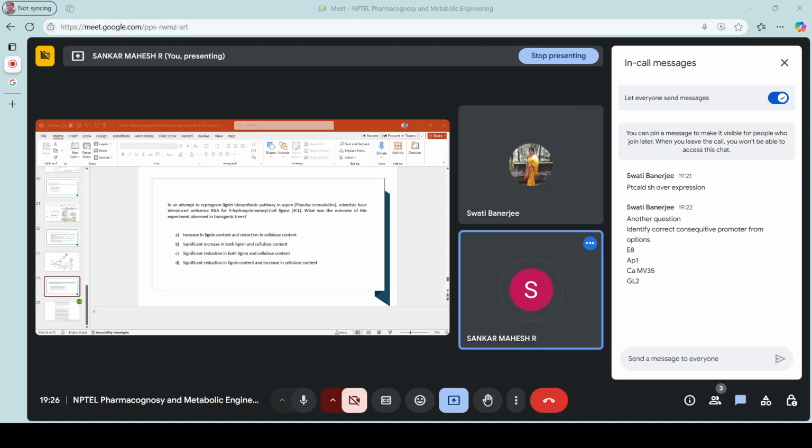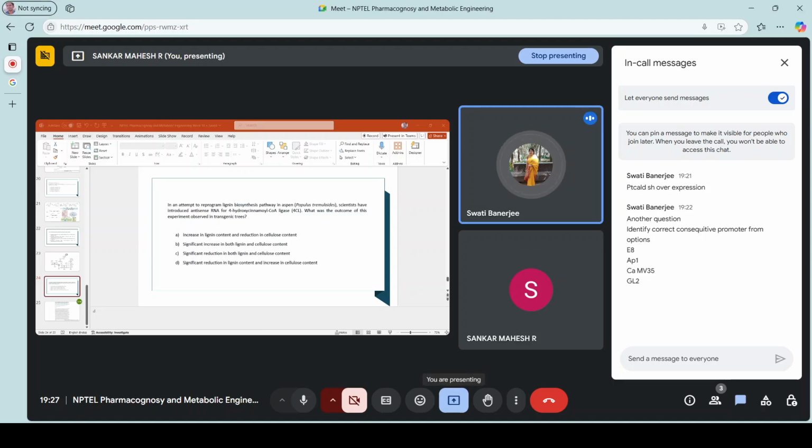So you need to know where the enzymes for the lignin pathway act. That was already submitted last week, so I was not aware what was wrong. So the one you told me, sir, is the correct one.